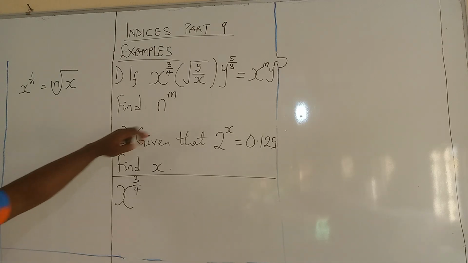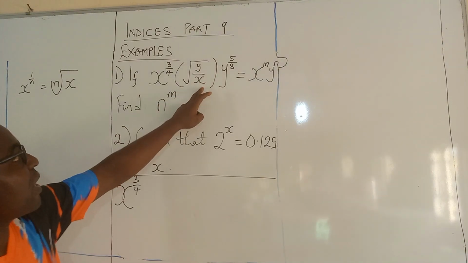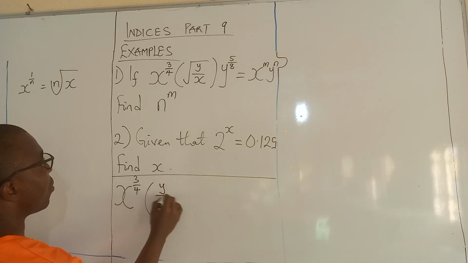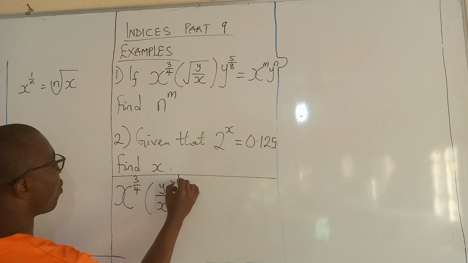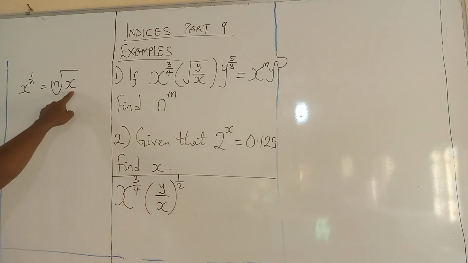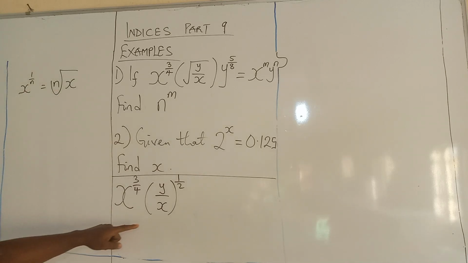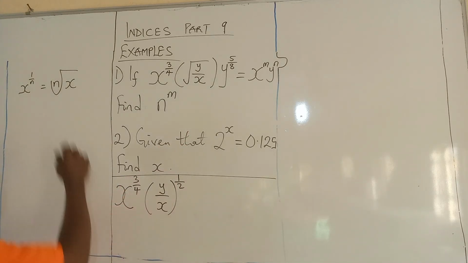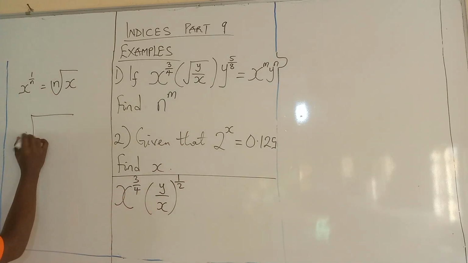So the square root of y over x is the same thing as y over x raised to power 1 over 2. The nth root of x is the same thing as x raised to power 1 over n. When we say square root, there is a 2 there, but we don't always write it.